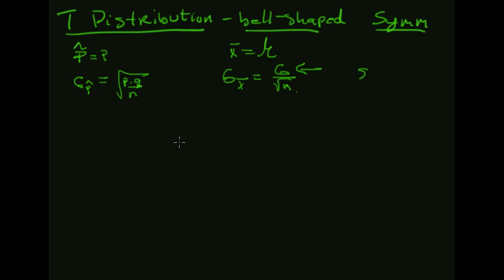This distribution is what we call a t-distribution, and it follows the formula x bar minus mu, so the sample mean minus the actual mean, over s over the square root of n. And you can solve this for the population mean without needing to know sigma. So nowhere in this formula is the population standard deviation.